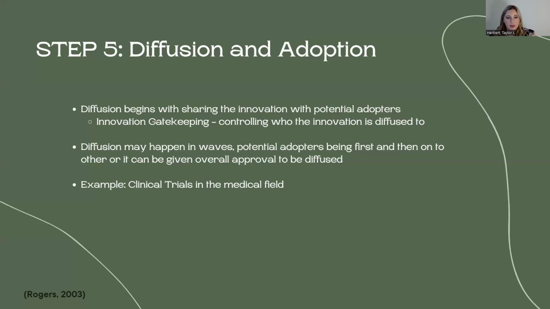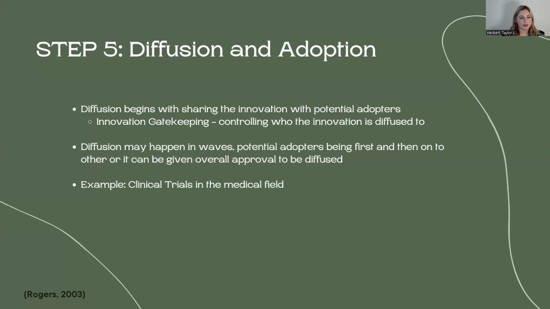With that, diffusion can happen in waves. You could have diffusion happen with your potential adopters first, and then once they adopt, it could go further. But it also could just happen in an overall blanket approval. An example of this is definitely clinical trials in medical fields.